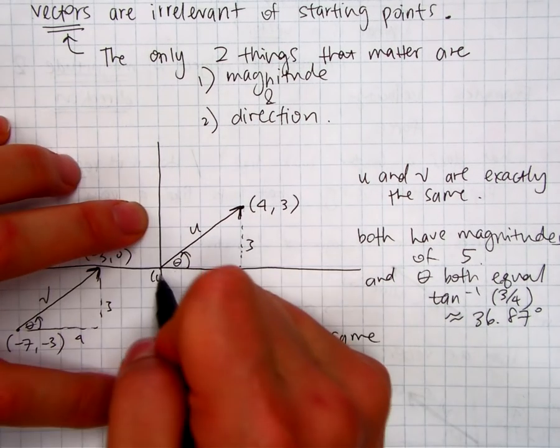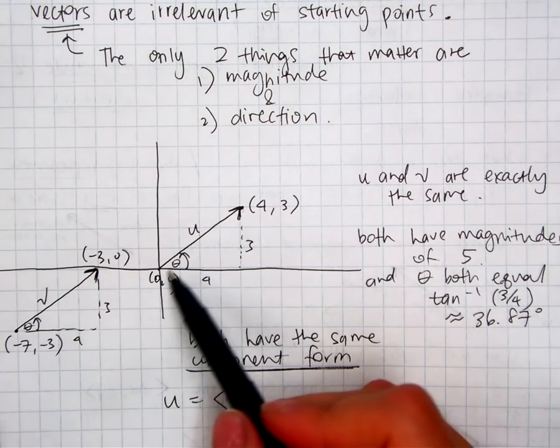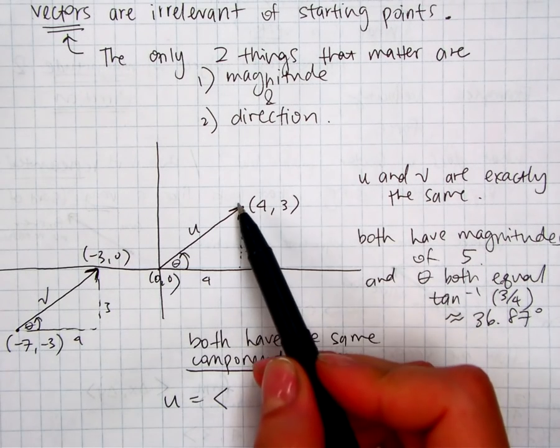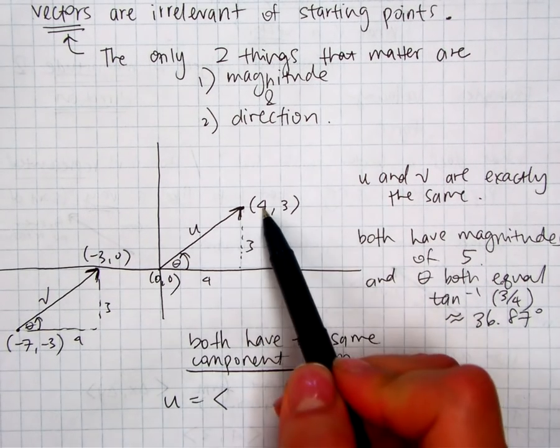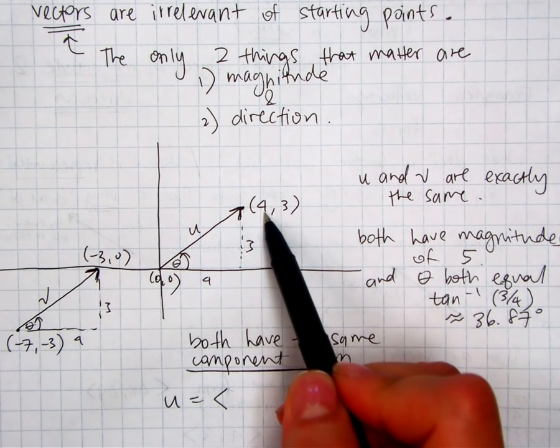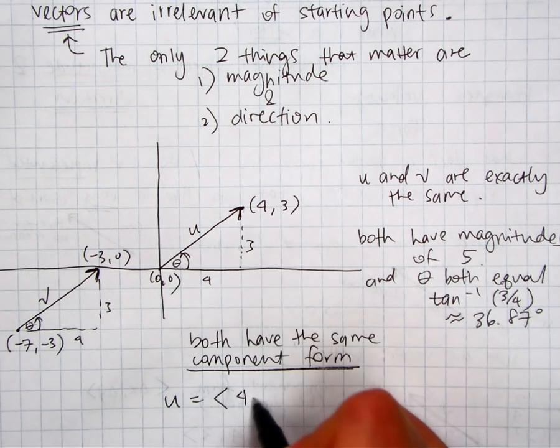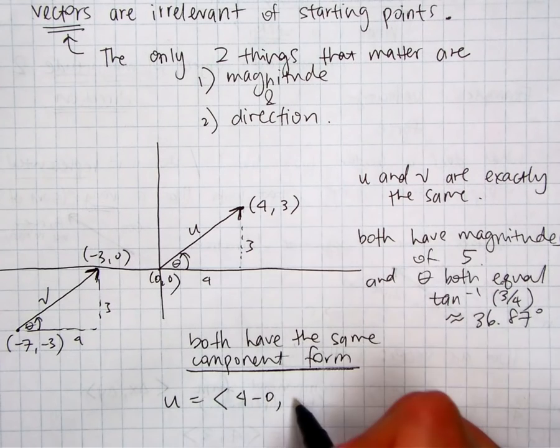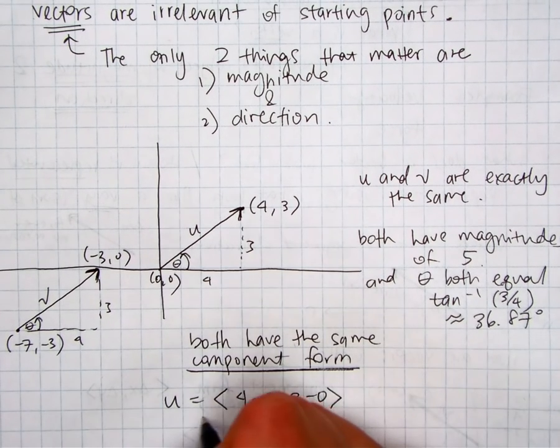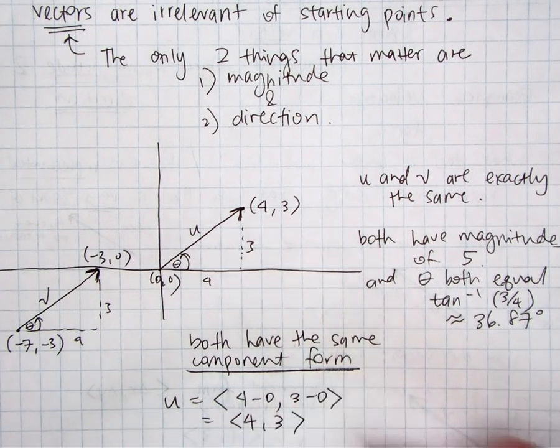This is 0, 0 here. So it's a positive direction of 4, positive direction of 3. So this 4, it's the second number, the ending point, minus the 0. 4 minus 0 and 3 minus 0 is equal to 4, 3.